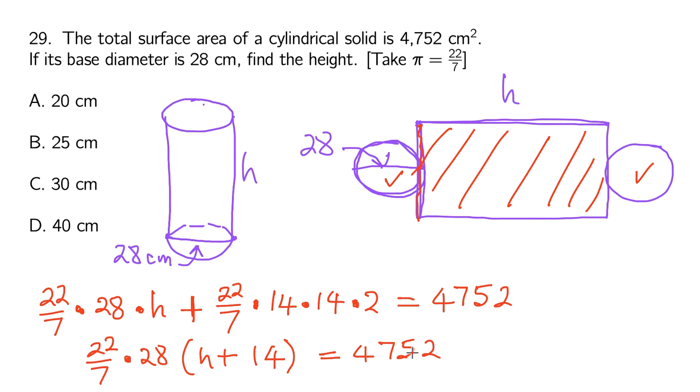So now we have to divide both sides by 22 over 7 times 28. In particular, this 4752 has to be divided by 22 over 7 times 28. So let's do that.